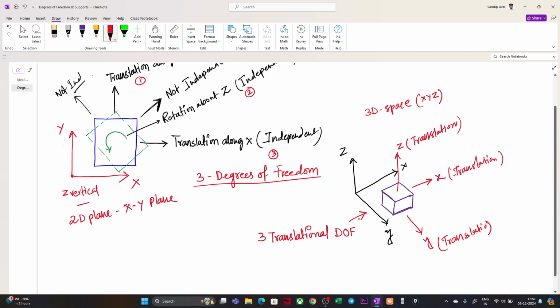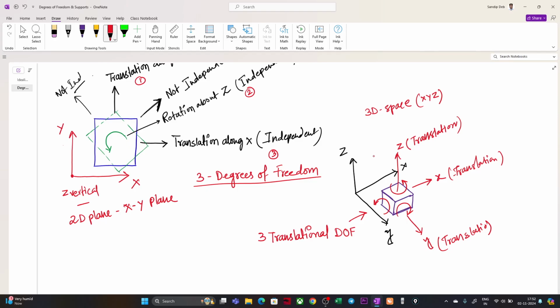Now if you see, this particular system can rotate about this y-axis, so it can rotate like this, right? It can rotate like this about the x-axis, or it can rotate like this about the z-axis. Correct?